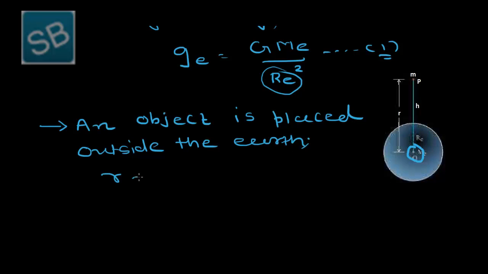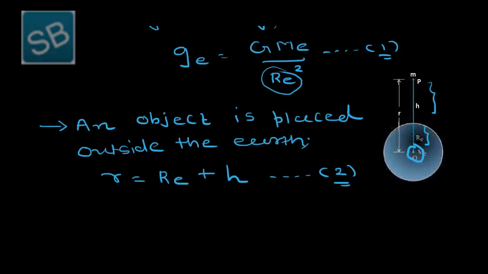The distance r is equal to this much distance plus this. So inside the earth, the distance is in terms of radius of the earth, that means R_E, plus the outside distance is given by h. So instead of r, now I can write down R_E plus h.